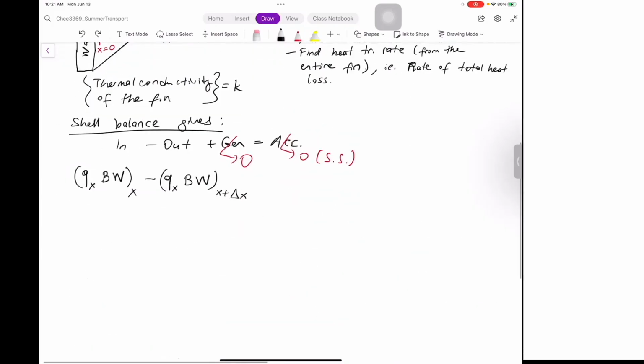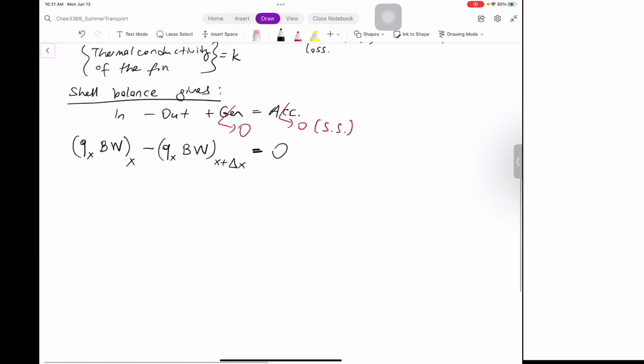Okay, good. That's equal to 0. And I'm going to divide by delta X and take the limit as delta X goes to 0. So this is still 0.